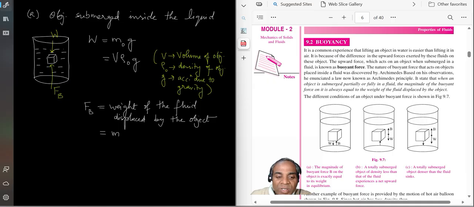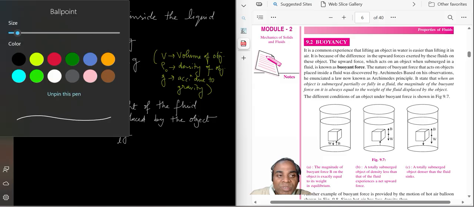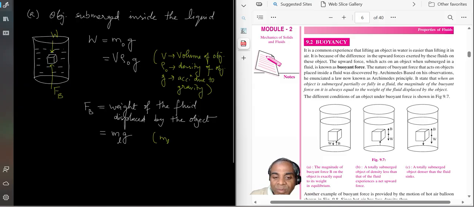Weight is nothing but a force, which is a product of mass times acceleration due to gravity. Now let us say M_L is the mass of the liquid, to distinguish it from M_O, which is the mass of the object we have understood above. So I'll write it here. M_L is the mass of not the entire liquid, but the liquid or fluid displaced by the object.